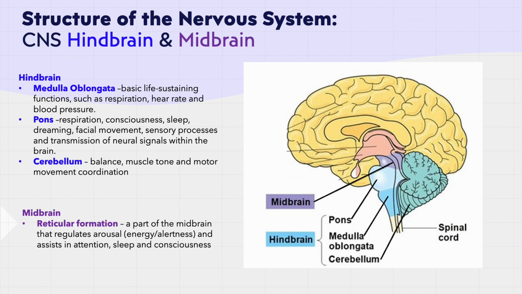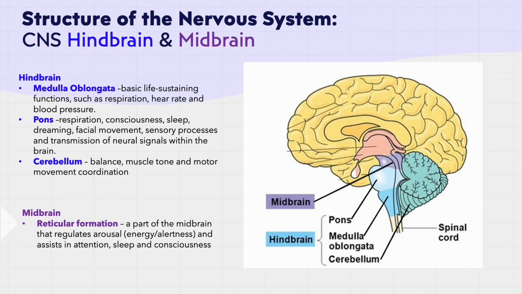So we'll start with the hindbrain and midbrain. The hindbrain, like we said, has the medulla oblongata, and that is your basic life-sustaining functions. So we're talking respiration, heart rate, blood pressure. It also plays a role in sneezing, coughing, vomiting, swallowing, and digestion.